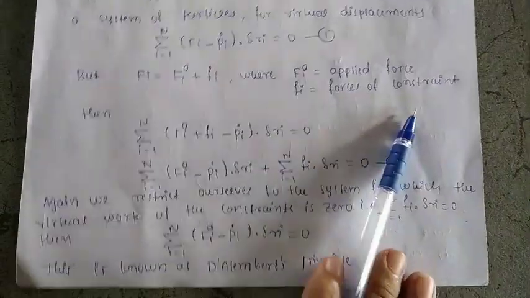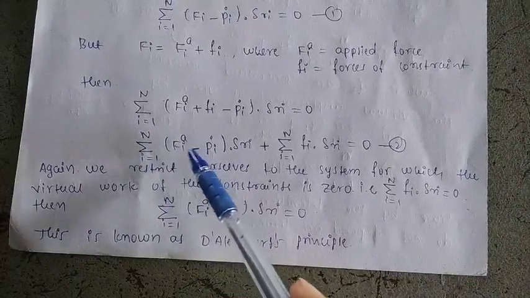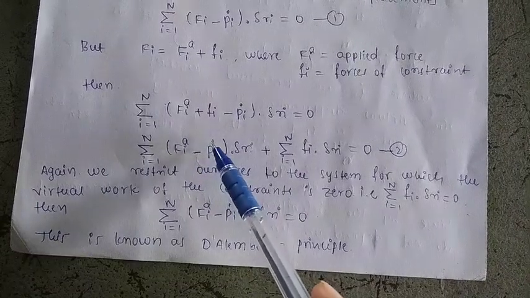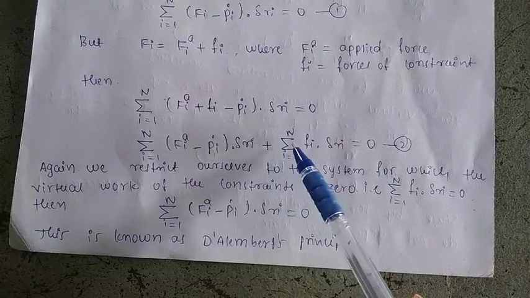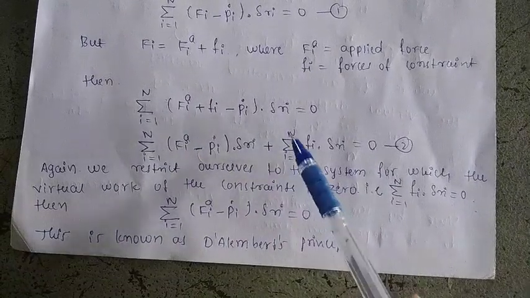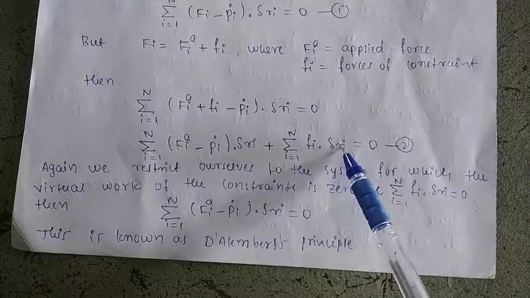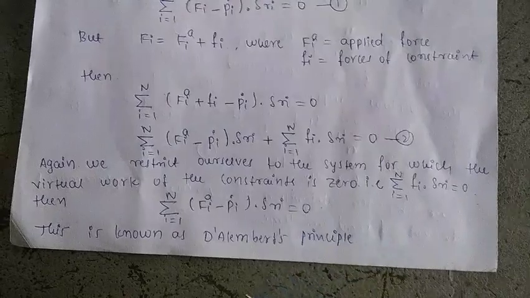Splitting this equation: summation over i equal to 1 to n of (F_i^a minus p_i dot) into delta R_i plus summation over i equal to 1 to n of f_i into delta R_i is equal to 0. Take this as equation number 2.